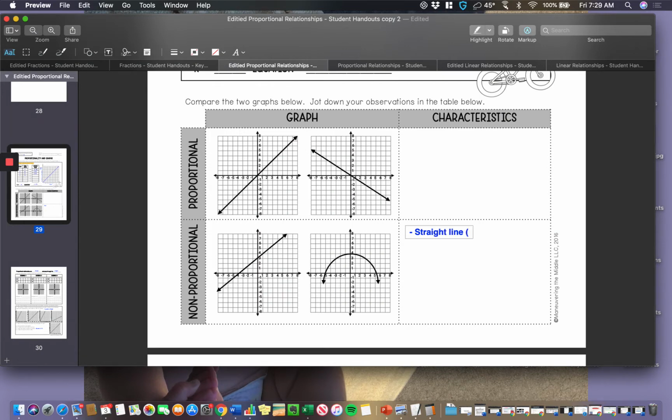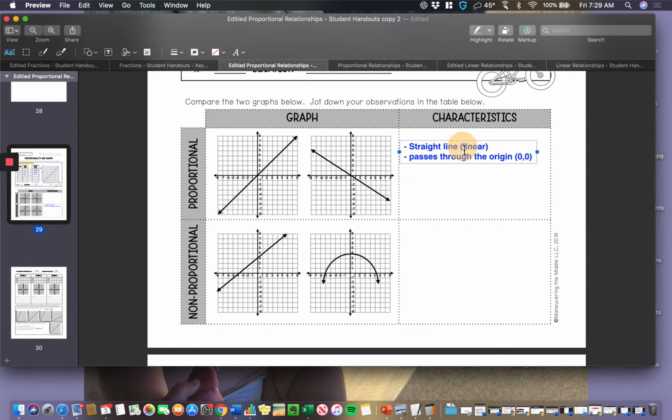And a straight line is also called linear, meaning that it is a straight line, and that each of these lines passes through the origin. Now you might be asking yourself, what's the origin? The origin is the point in the graph that is the coordinates 0, 0.